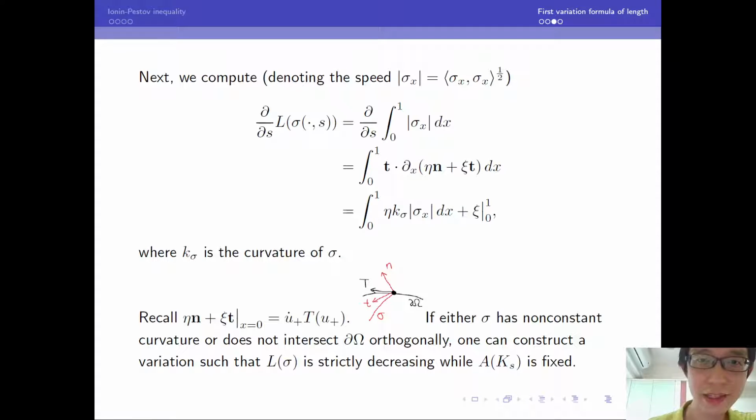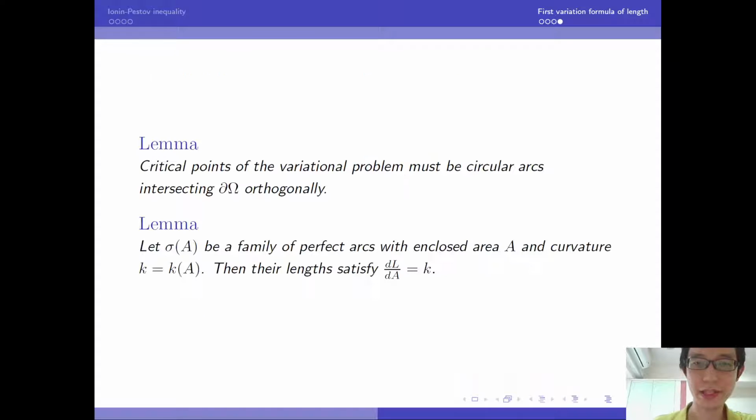And on the other hand, we see that the derivative of length and the derivative of A differ by an additional factor, k sub sigma. Therefore, we get these two conclusions that I presented at the end of my second lecture.